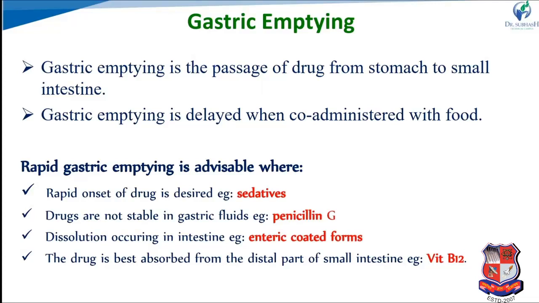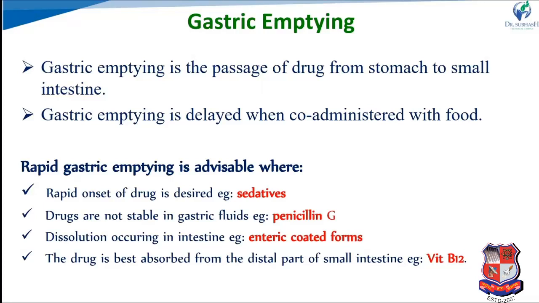For example, sedative class drugs. If drugs are not stable in GI fluid or GI pH, then also we require rapid gastric emptying time, so we can protect the drug from the acidic medium and the drug reaches the small intestine directly. Examples are penicillin G, which is not stable at GI pH, or erythromycin.